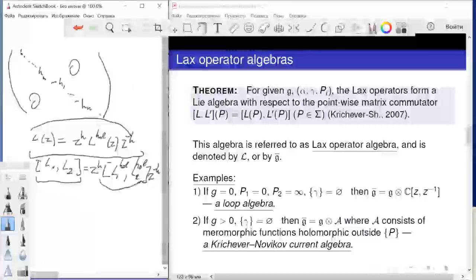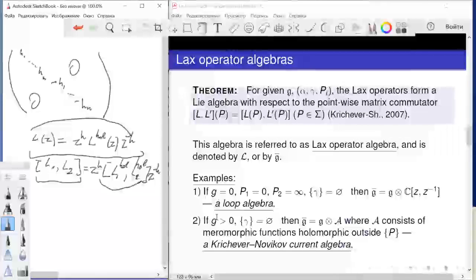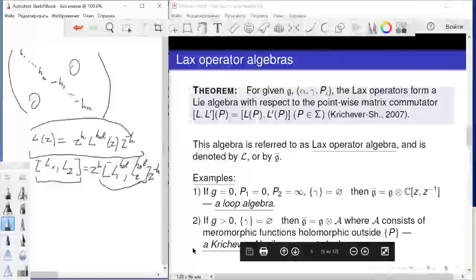So such operators form a Lie algebra, and these Lie algebras are a direct generalization of loop algebras or Kac-Moody algebras and Krichever-Novikov current algebras.